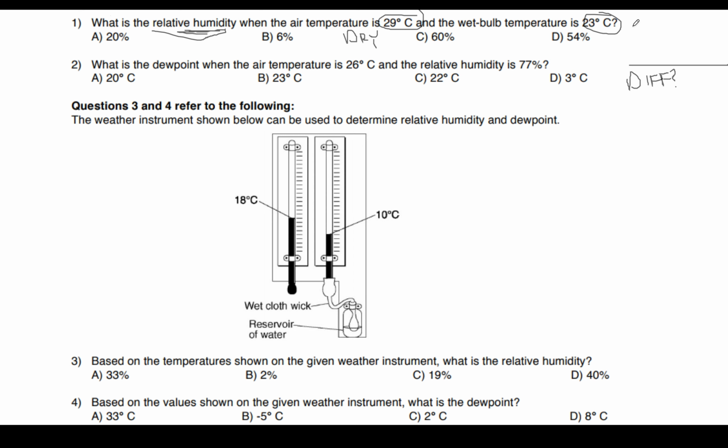We can determine the difference by subtracting: 29 minus 23 provides us with a difference of 6 degrees Celsius. Again, dry bulb is 29, difference is 6.